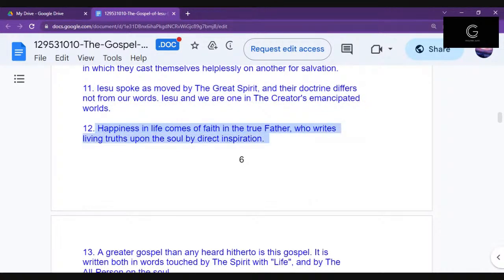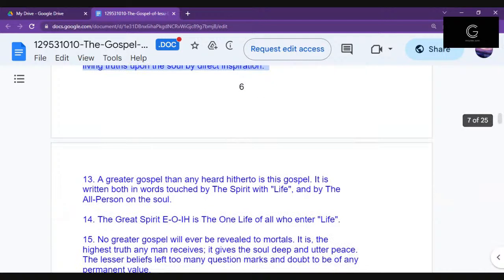Happiness in life comes of faith in the true Father, who writes living truths upon the soul by direct inspiration. Who does that? The greater gospel than any heard hitherto is this gospel. It is written both in words, touched by the Spirit with life, and by the all person on the soul.